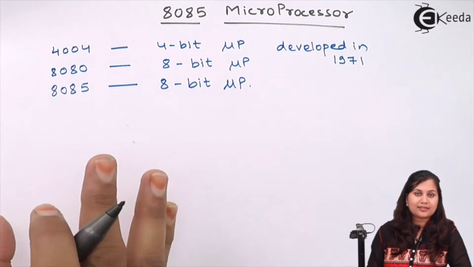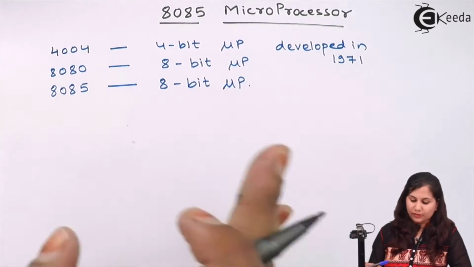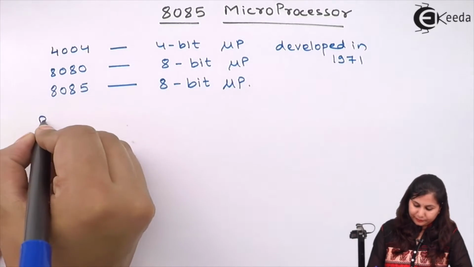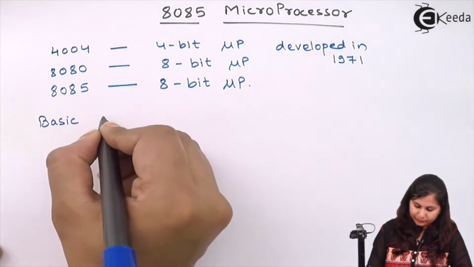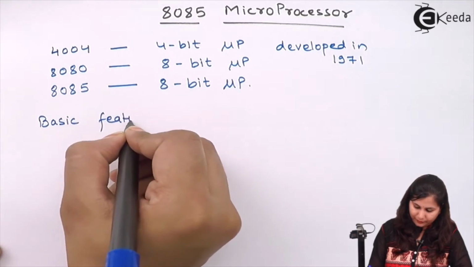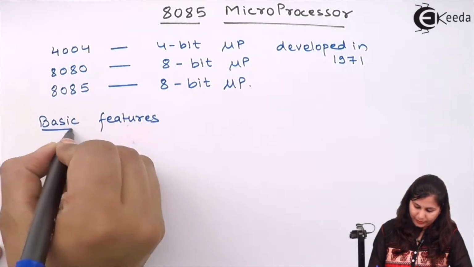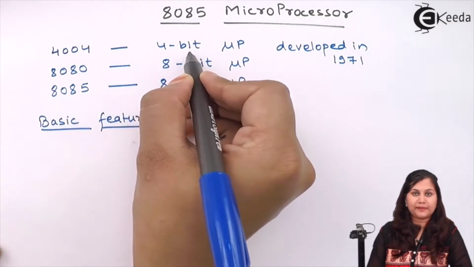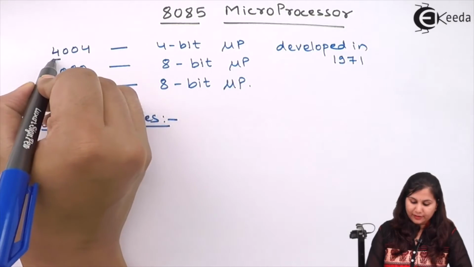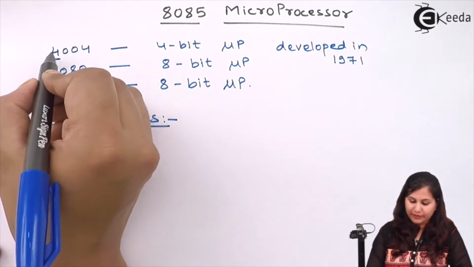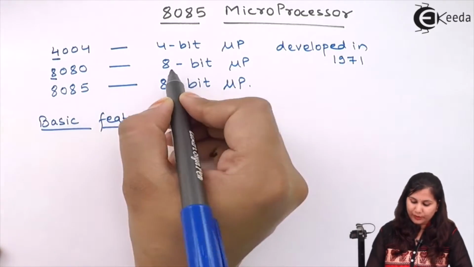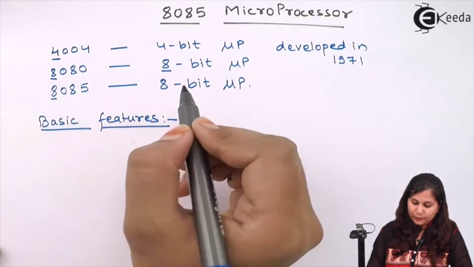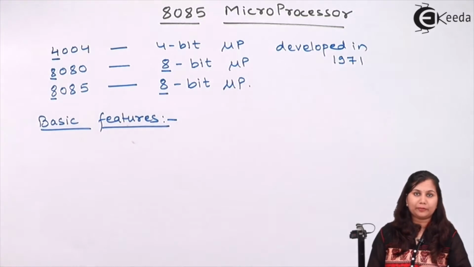Now let us study the basic features of this 8085 microprocessor. As you can see, its first number is 4, which shows that it is a 4-bit microprocessor. This 8 is showing that it is an 8-bit microprocessor, and this 8 is also showing that it is an 8-bit microprocessor.